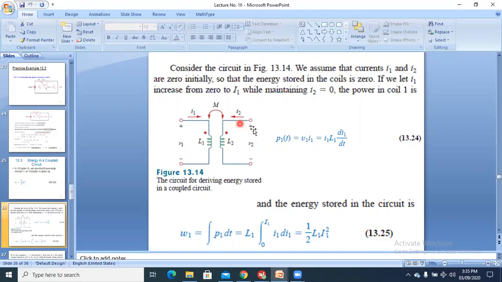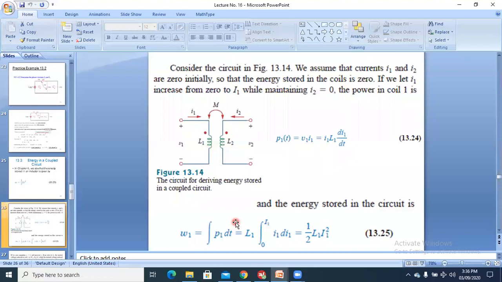So for this, the power calculated due to coil 1 and this current I1 is v i, which is equal to i L di by dt, since v here is L di by dt, and the current is the same, right?